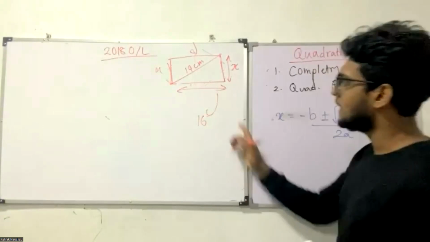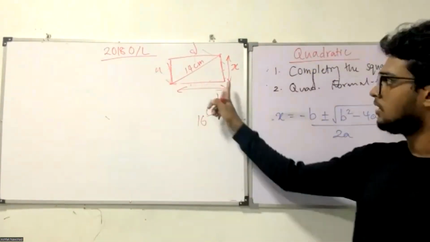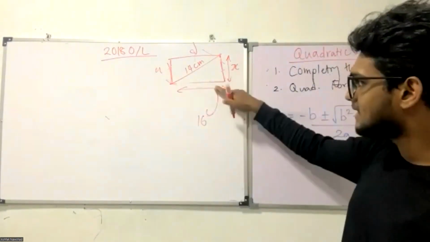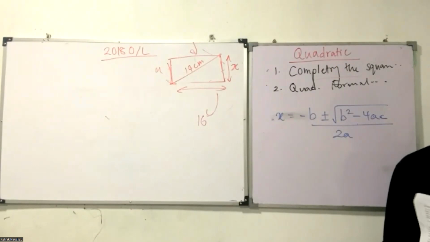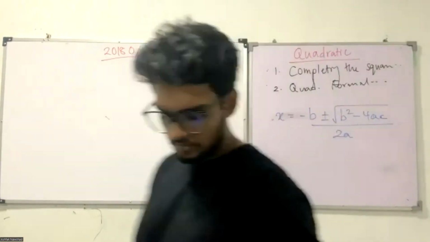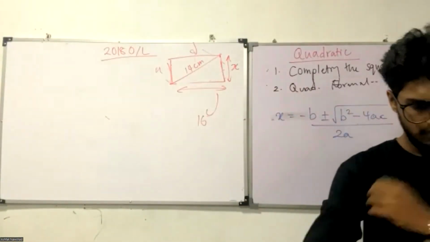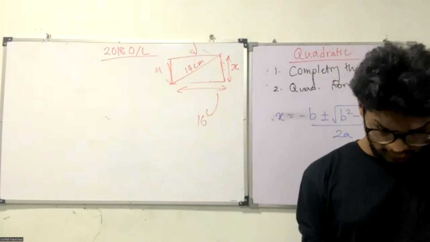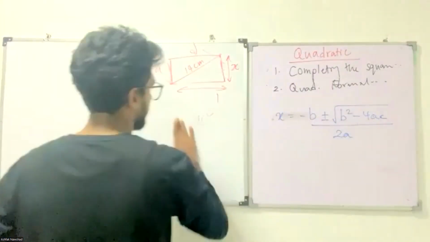Now let me know in terms of x, what is this length? The sum is 16. So what would it be? Yes, good. Exactly, correct. Many of you are answering, yes, that's correct.